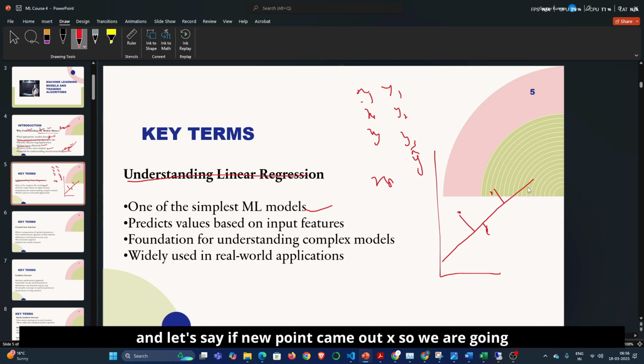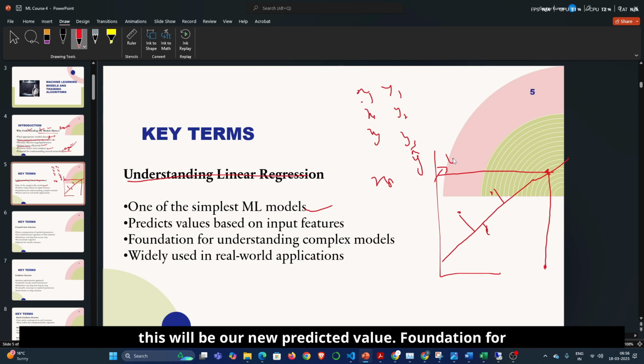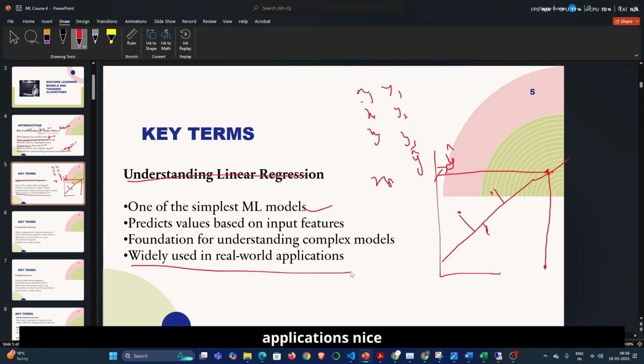And if a new point x comes in, we are going to find its value through this line. So this will be our new predicted value. It is the foundation for understanding complex models. So it's a benchmark model, I would say, widely used in real world applications. Nice.